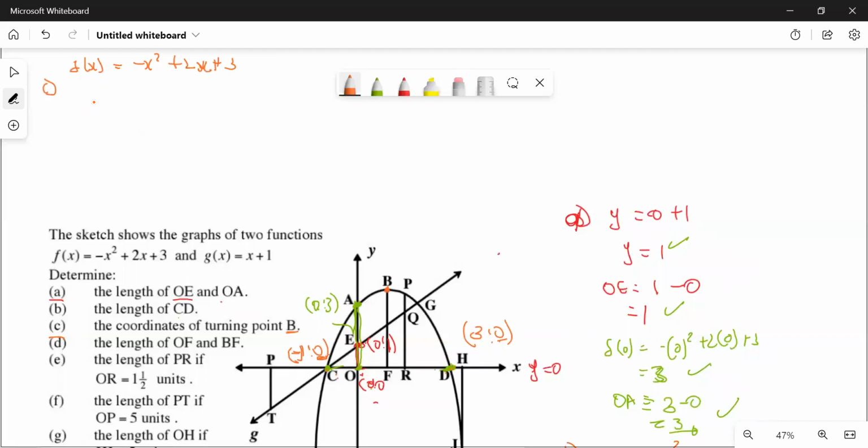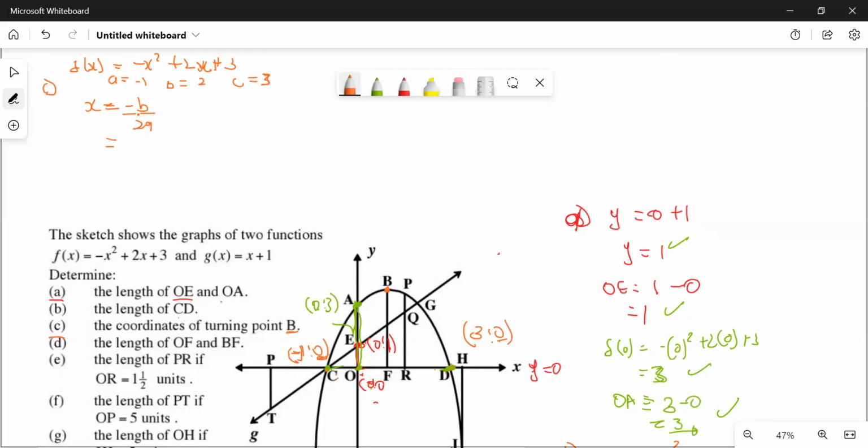Then we will reach A, B and C. What is our a here? Minus 1. b is going to be 2. C is going to be 3. And then what you get is minus b all over 2a.